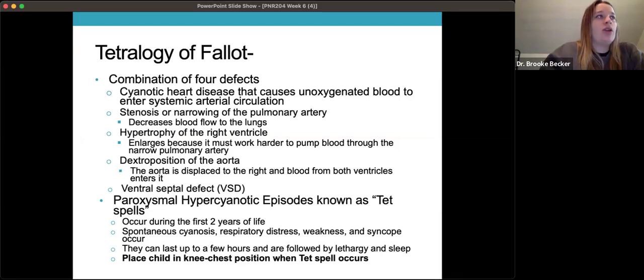But really know tetralogy of Fallot, because like I said, this is the question that gets asked about the most on exams and HESI and NCLEX, because it has the pulmonary stenosis, has the right ventricular hypertrophy, the dextroposition or overriding aorta, okay, and the VSD, so the ventricular septal defect. Okay.